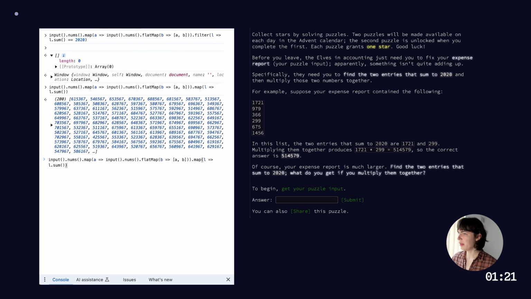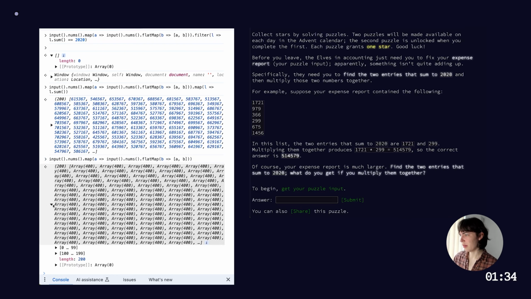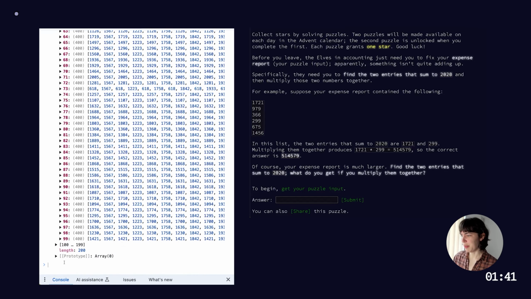Oh, yeah, they are. They should sum. What have I got wrong here? Yeah, that's definitely wrong. Okay, not flat map.